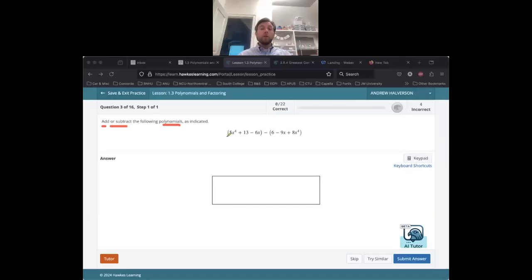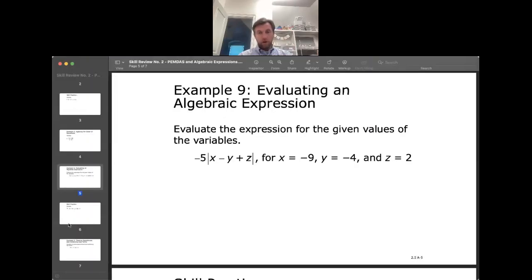We learned the product rule and the quotient rule and all that stuff to help us when we're trying to combine variable terms. So when we say add or subtract polynomials, really what we're doing is what? You actually already know how to do this. If you took your material, I'll show you that you know how to do this. Where is it? Where are you?